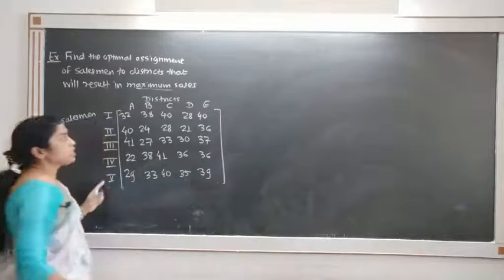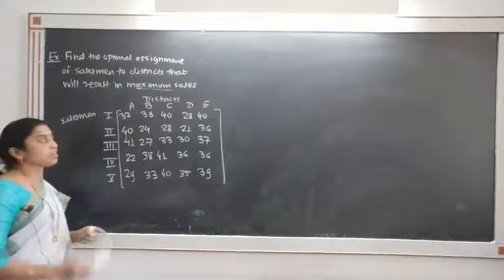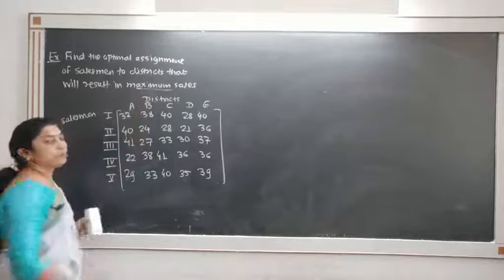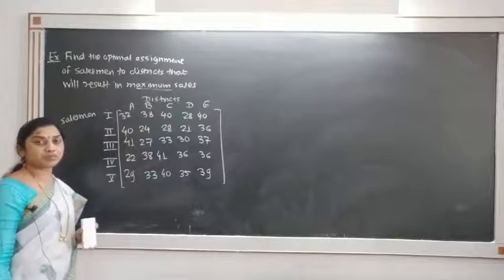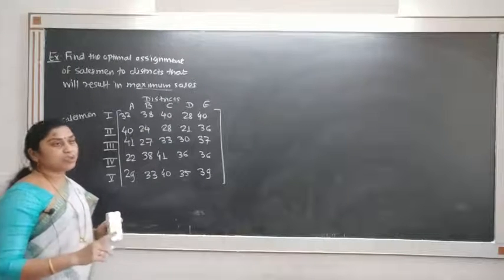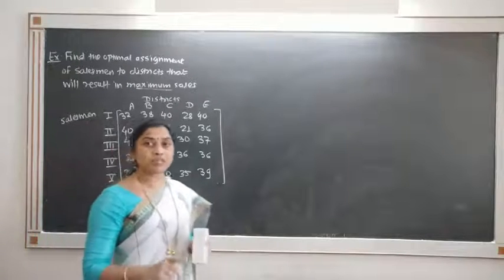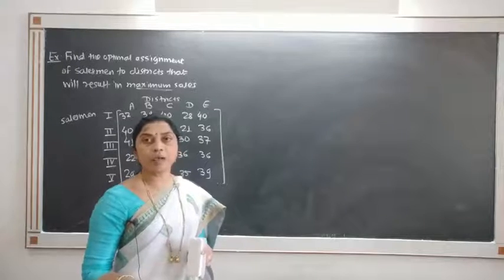So 5 salesmen and 5 districts are given and we want to solve the problem for maximization. So what is the first step? Convert the maximization problem to minimization.